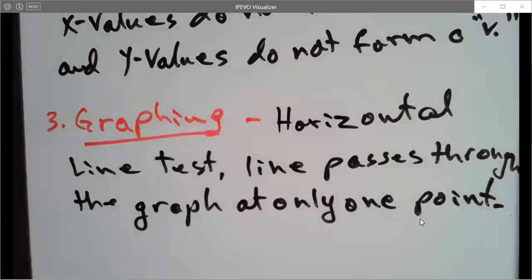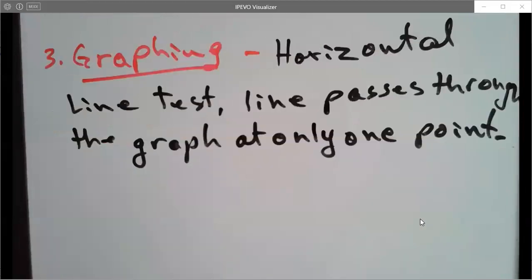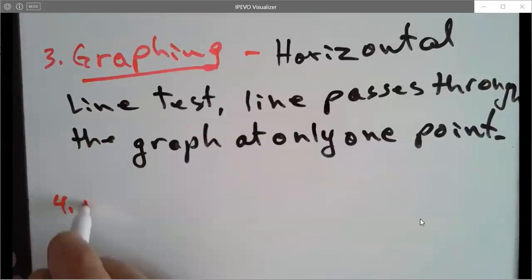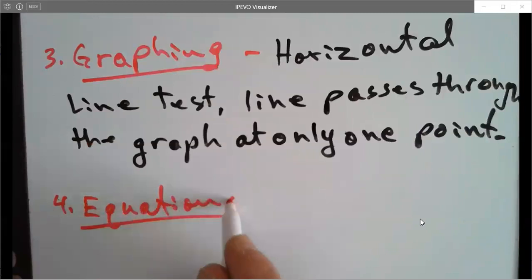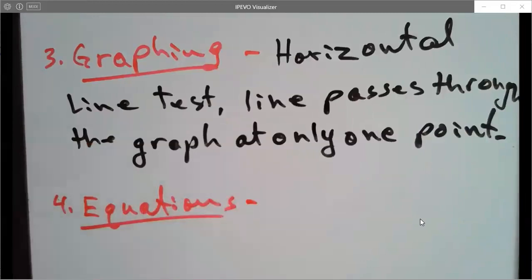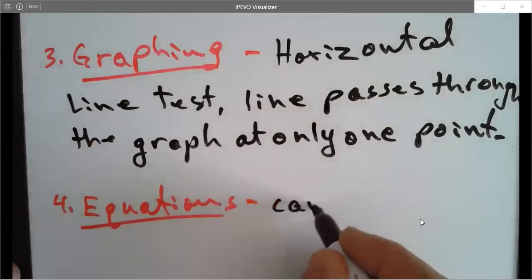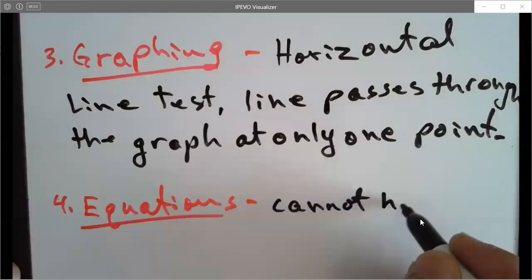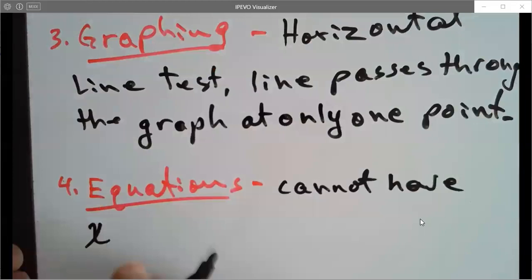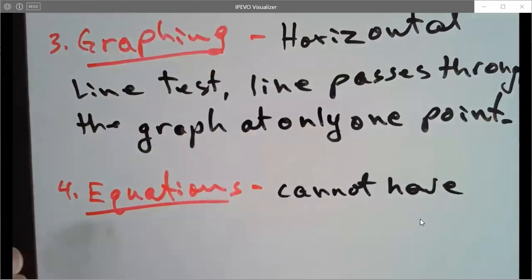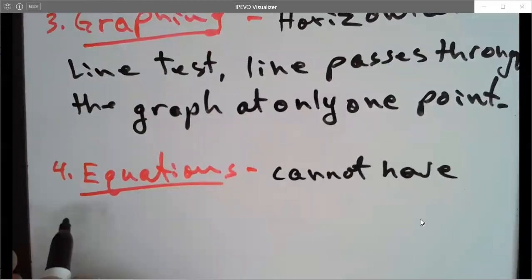And there's one more that we haven't looked at yet, but I'll go ahead and write it on here. Equations. In equations, in order for it to be 1-to-1, we can have an x squared, but we cannot have a y squared.